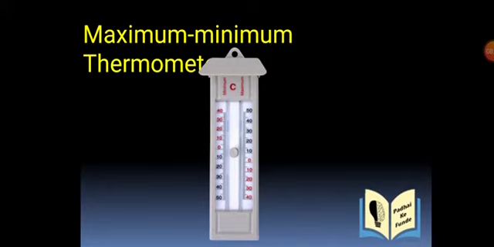You may have heard this in the weather telecast in the news that today's maximum temperature was this much and minimum was this much. Maximum temperature means that on that day the temperature did not rise more than this. So this one thermometer is used for this purpose.